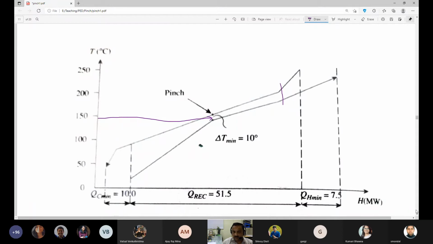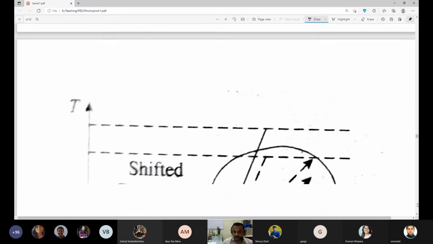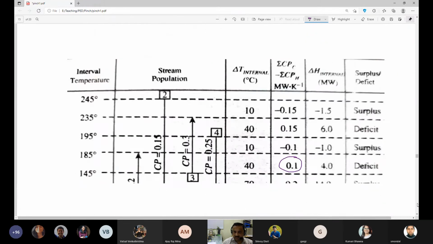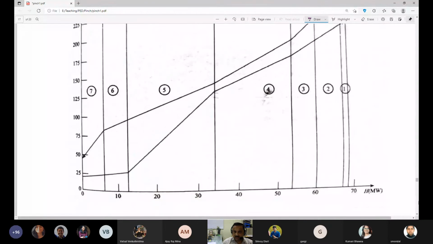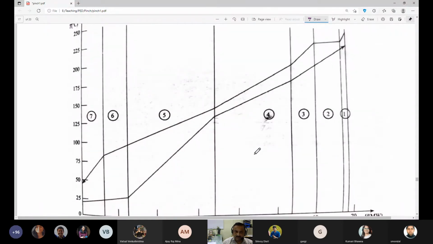Depending on where all the changes in slope have taken place, either with the hot stream or the cold stream, one can produce segments. If you literally draw these, you will see that there would be 7 such segments possible. Either there would be a change in slope in the hot stream or in the cold stream, because of the mixing of the two CPs. In one temperature range, only one CP is valid. In another temperature range, two CPs are valid.